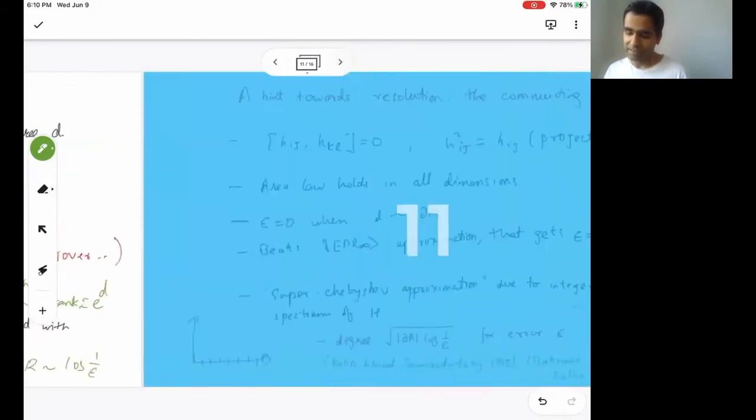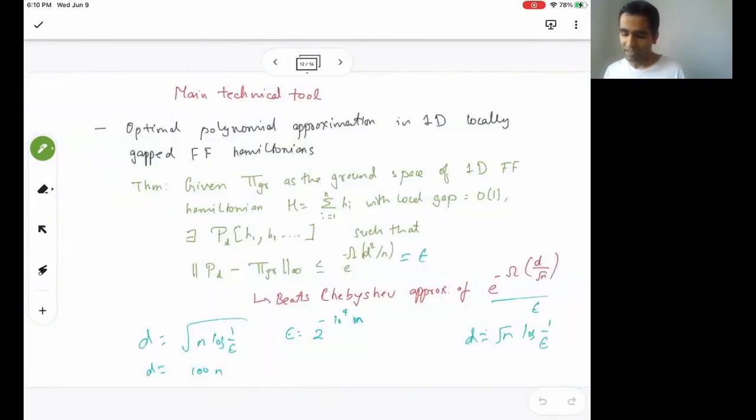Whereas Schmidt rank here scales as root n with a log 1 over epsilon inside the square root. So there is an epsilon at which this wins over that log 1 over epsilon behavior. And that epsilon is very tiny, but that's good enough for area law. So you could think of this as a verification of the intuition that indeed these ground states are not too entangled. Is that helpful in any sense?